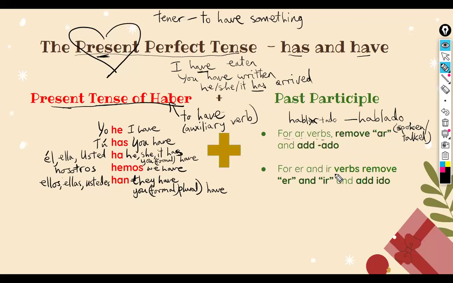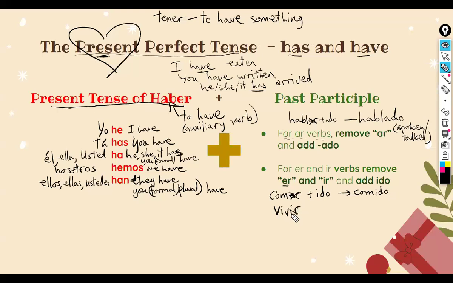All right. ER and IR verbs, similar process. For ER verbs, we remove the ER. So comer, take off the ER and we add IDO. So we get comido. So I might want to say, he comido, I have eaten. Tú has comido, you have eaten, right? Vivir, yes, let's go with vivir.